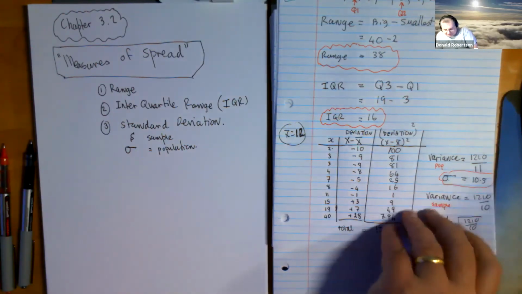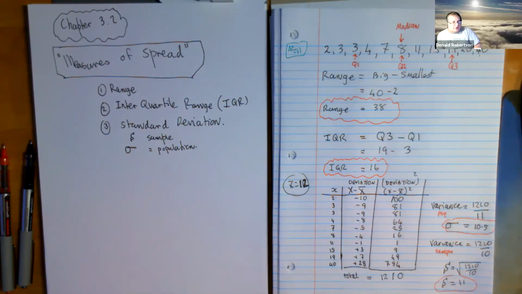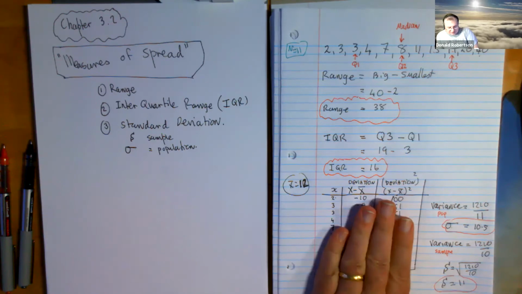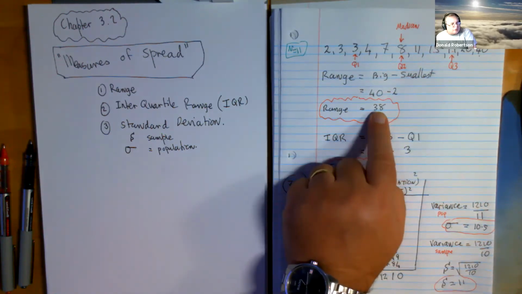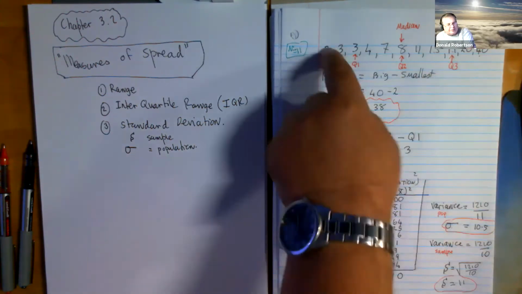Would you agree that this last one especially was quite onerous? It's a lot of work. Aren't there lots of places you could make a tiny little mistake and then end up with the wrong answer and it doesn't work, and you get really frustrated, as you would. So we tend to avoid doing these by hand. Now, I think the range is so easy, you could do that by hand. I mean, you do the calculation in the calculator, it's easy.